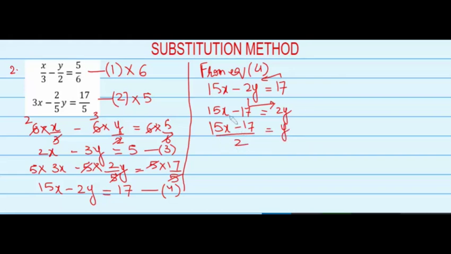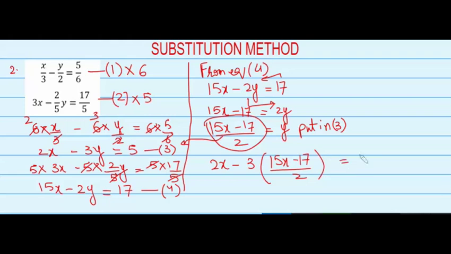Now we will put this expression of y in the different equation. We got this from 4, so we have to put this in the third. So I'm writing here, put in 3. This will be 2x minus 3 times y, where y is 15x minus 17 over 2, and it's equal to 5, right?